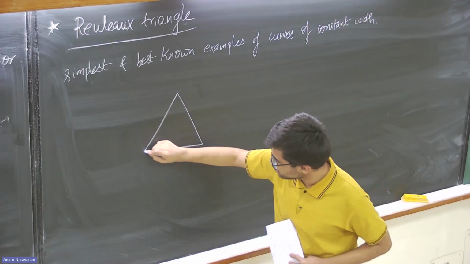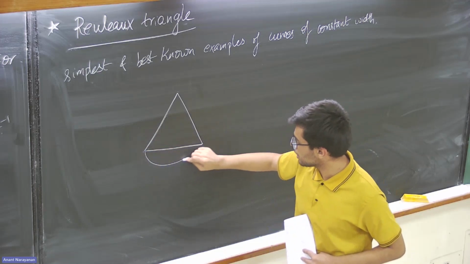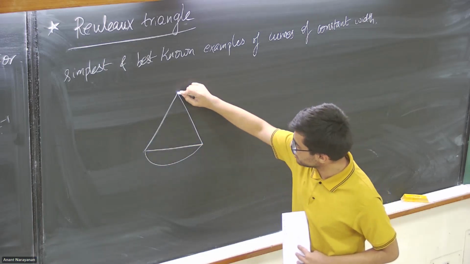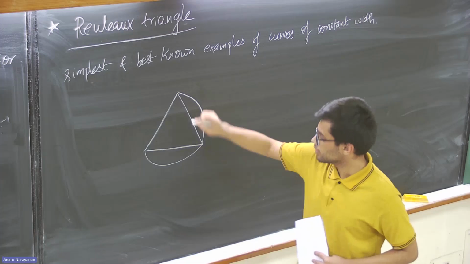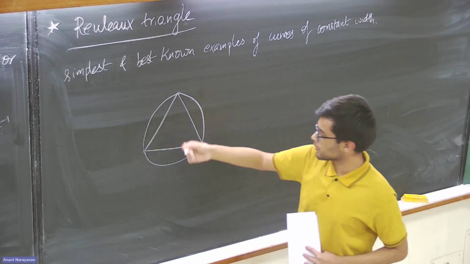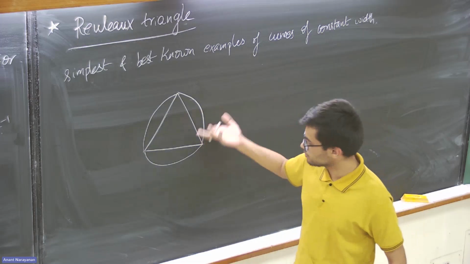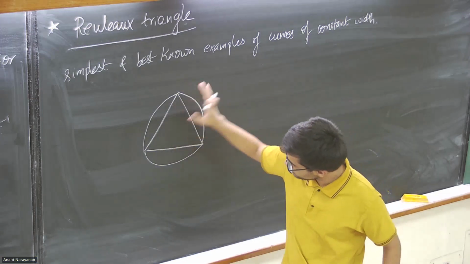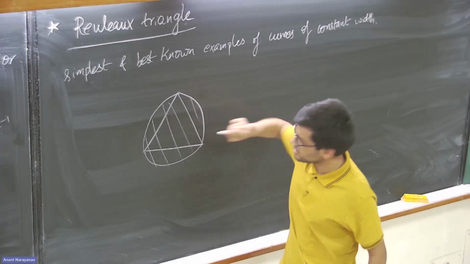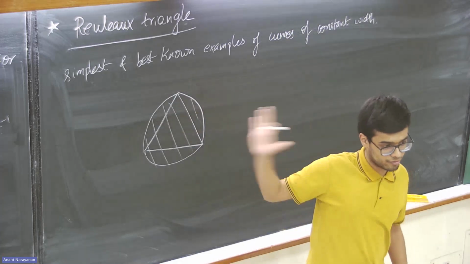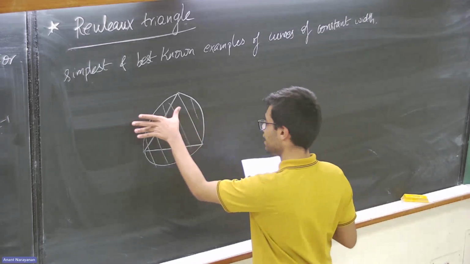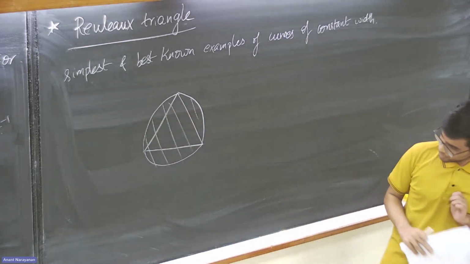Similarly, for this particular vertex, you look at the circular arc joining these two. You can do this because this is an equilateral triangle. So this entire region that you have is an intersection of three convex sets. So this is convex. Now, why is this a curve of constant width?